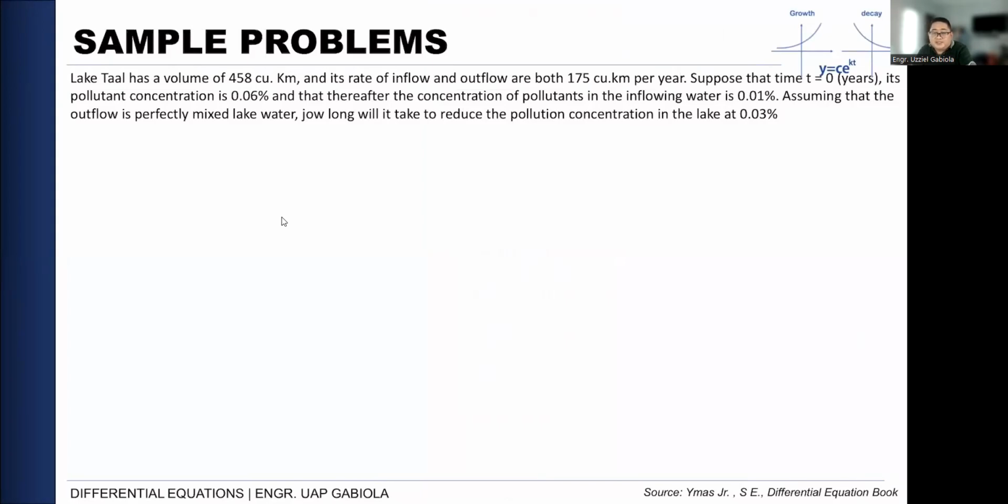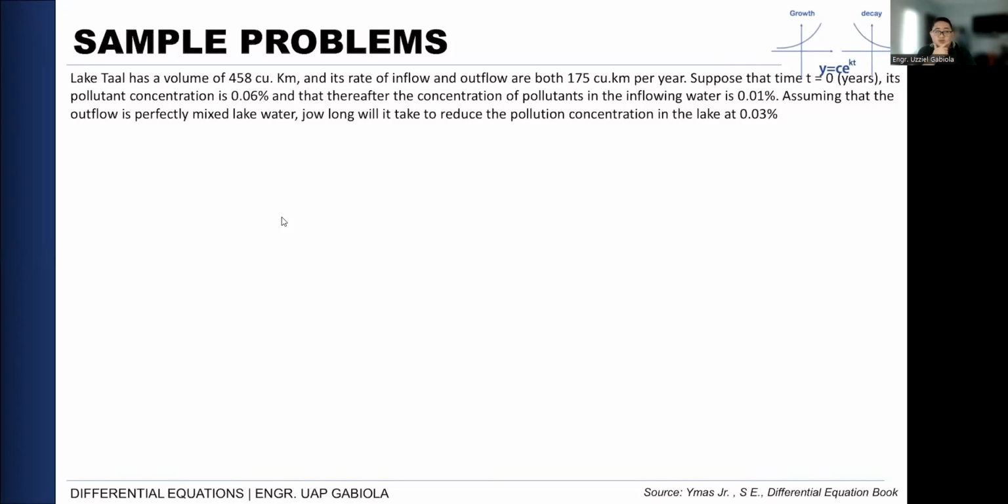Suppose that at the initial time, or time is equals to 0, its pollutant concentration is 0.06%, and that thereafter the concentration of pollutants in the inflowing water is 0.01%. Assuming the outflow is perfectly mixed, like water, how long will it take to reduce the pollution concentration in the lake to 0.03%? Okay. So, yan, identify natin yung mga given.